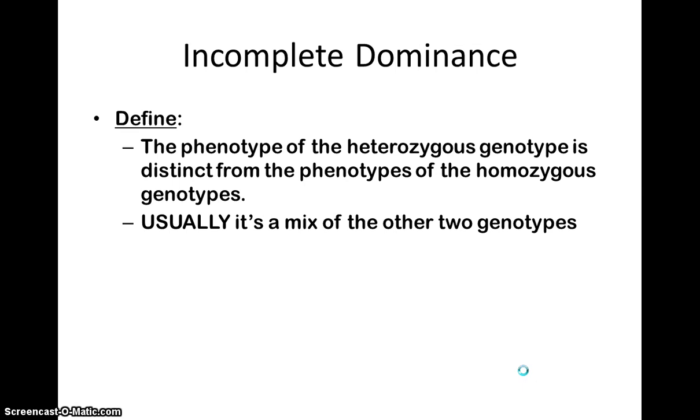Okay, the next trait here is incomplete dominance, and that's sort of what it sounds like. Oh, I'm dominant, but I'm not quite there. So here, what this will look like is the phenotype of the heterozygote, and for these, identifying them, a lot of times we're going to look for that mixed one and see how it's different. So the heterozygous genotype is going to be not only distinct from the phenotypes, but usually it's a mix of the other 2 homozygote genotypes.